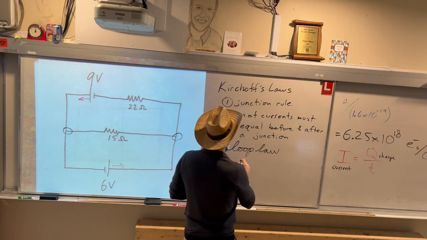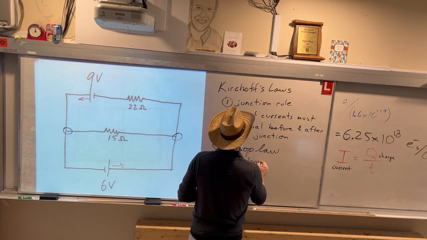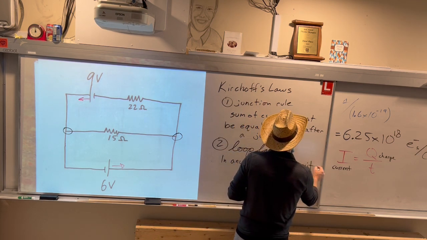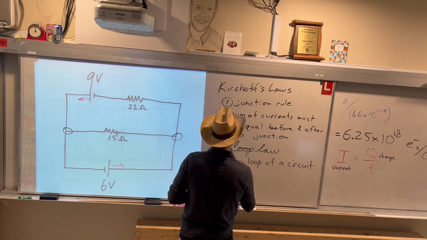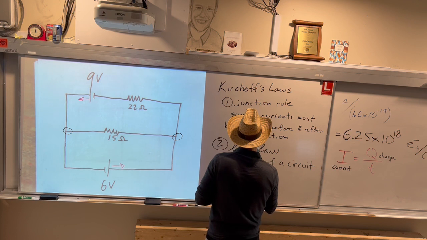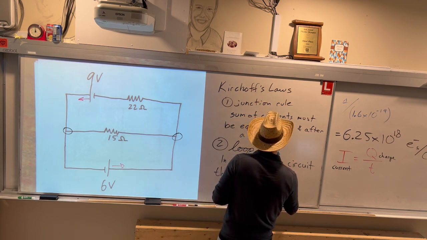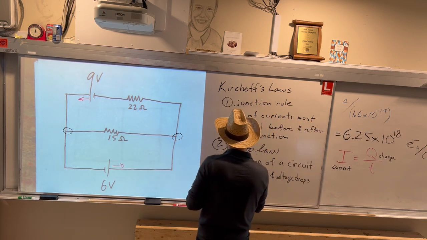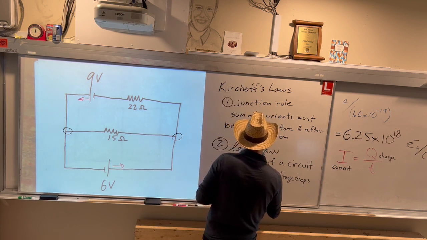Loop law says that in any loop of a circuit, the voltage gains and voltage drops must be equal.